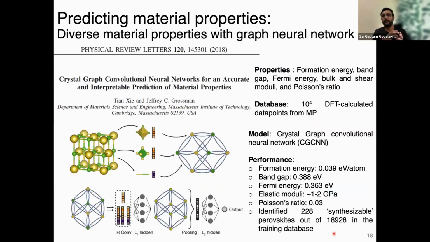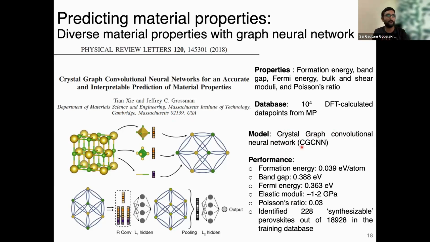Okay, so let me give a couple of examples of how graph networks have been used to predict material properties first, and then I'll give other more specialized examples. The first is one of the very first implementations of graph networks for material science, the crystal graph convolutional neural network, right? So graph refers to graph networks, crystal graph refers to graph networks for crystalline systems, so crystalline lattices, with a convolutional neural network, right?